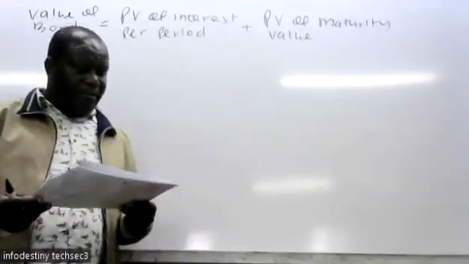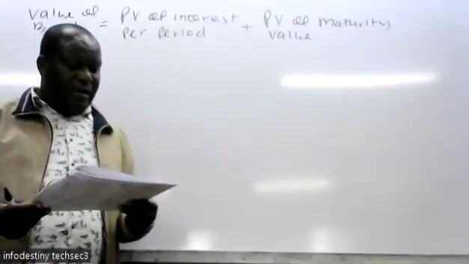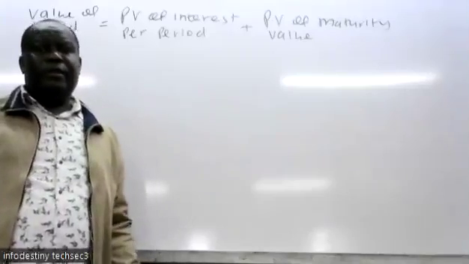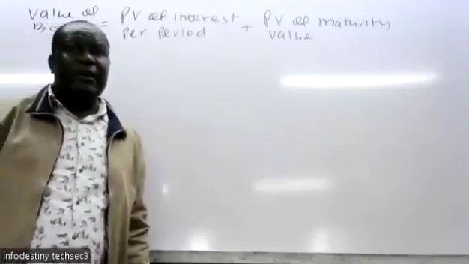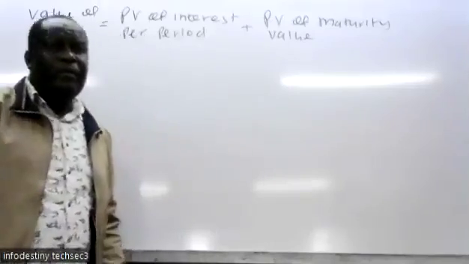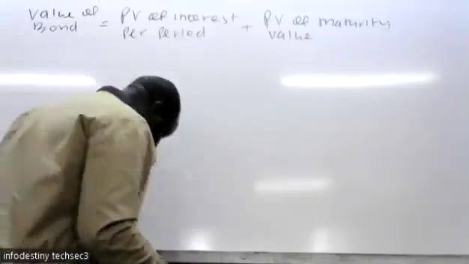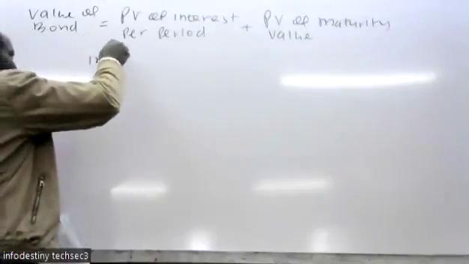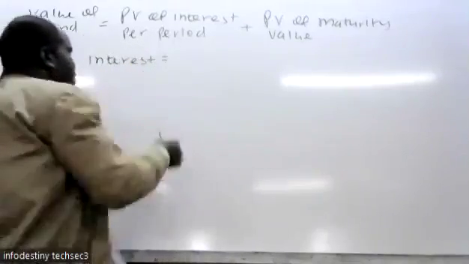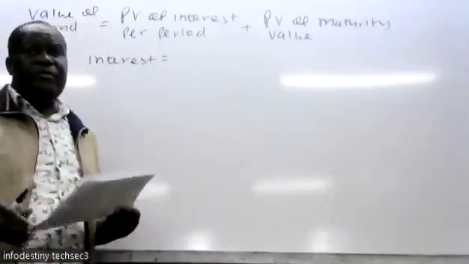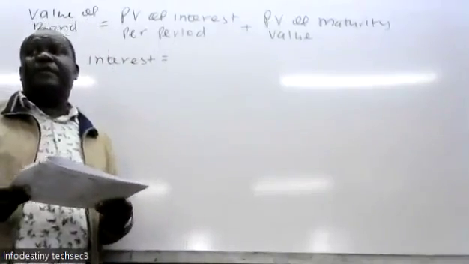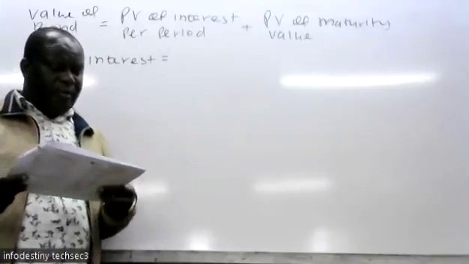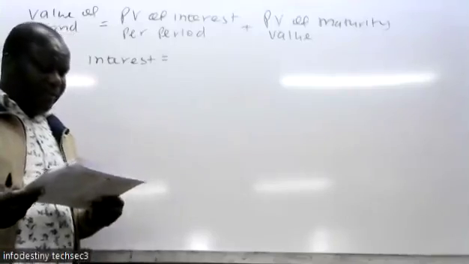So we start with Roman letter 1, the current value of the redeemable bond. The first item we require to calculate will be interest. To compute interest, the coupon rate was given as 16% on the corporate bond.